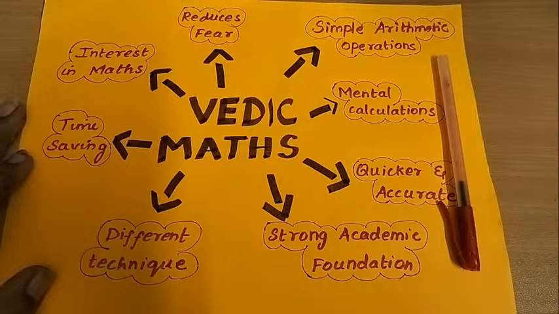Only because of that single line you have left your sum incomplete. You cannot make it complete, right? But in this you can reduce the silly mistakes. What are the silly mistakes you make in normal conventional maths? You can reduce them.